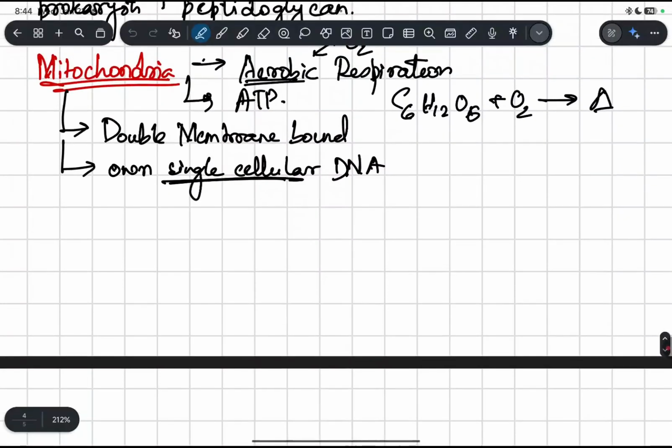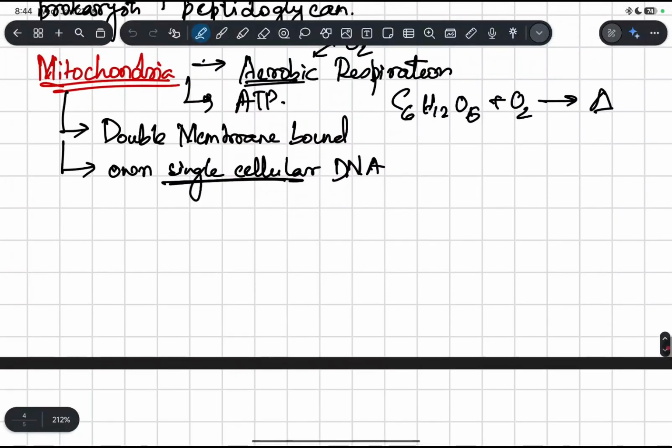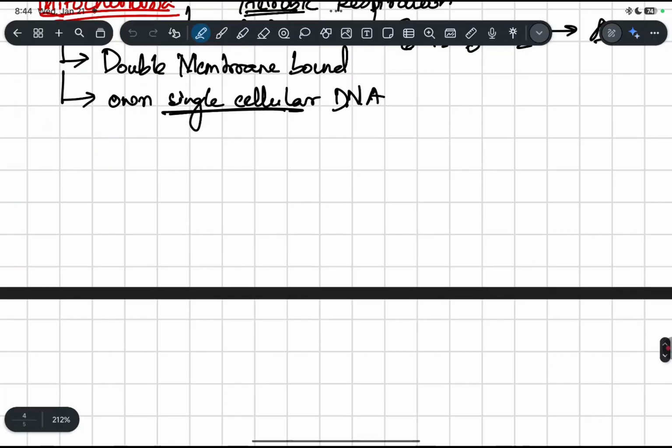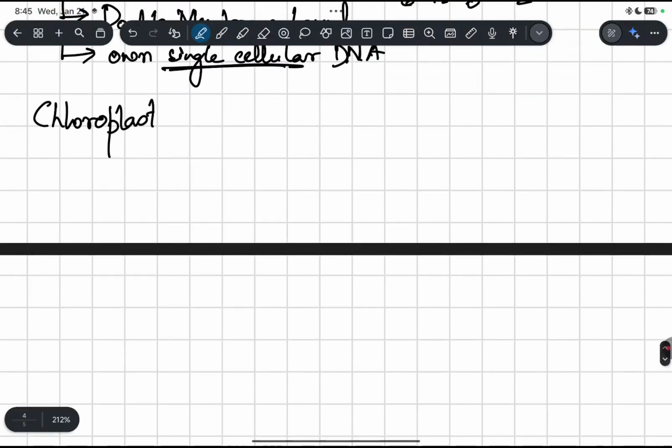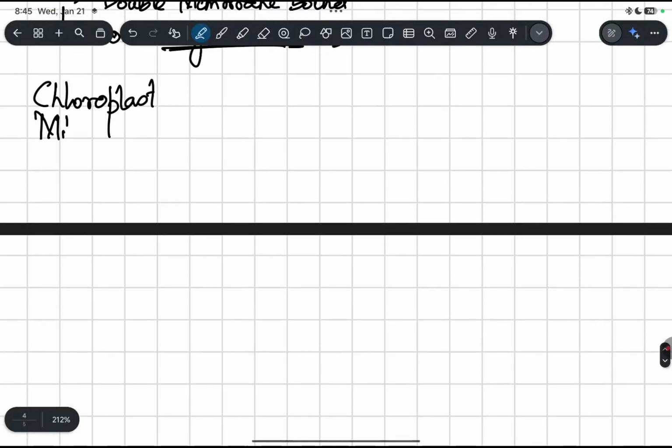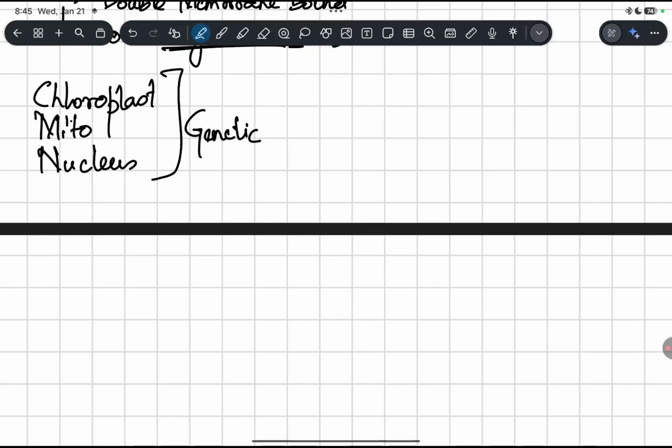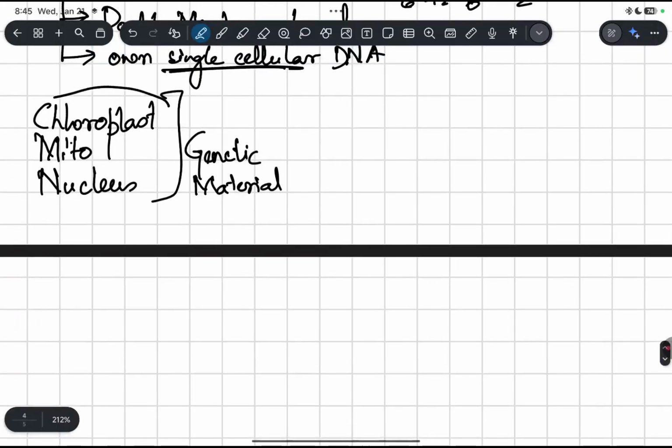As of now, we have seen that in mitochondria and in nucleus, genetic material is present. Another place where it is present is in chloroplast, right? So in chloroplast, in mitochondria, and in nucleus, genetic material is present. So how come we see genetic material in these two organelles?